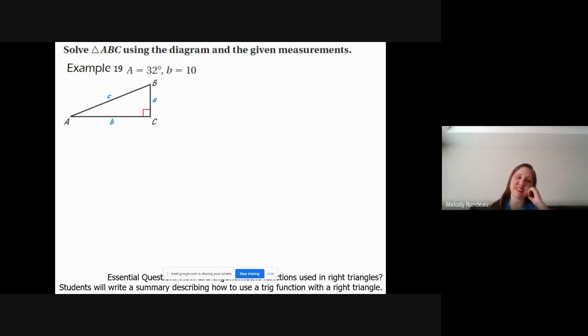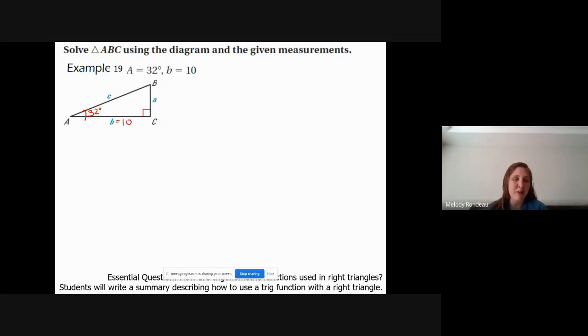All right. So just in case you have forgotten what it means to solve a triangle back from geometry, it means find all the missing sides and angles. So I'm going to first start by labeling what they told us, which is A is 32 degrees and B is 10. So you have some options about what to start with.